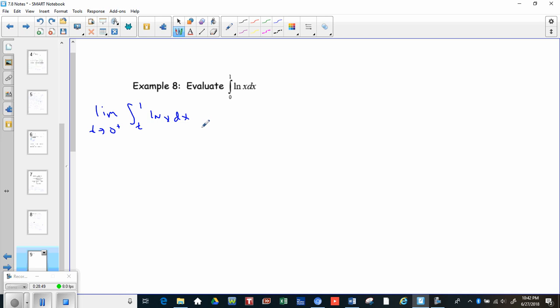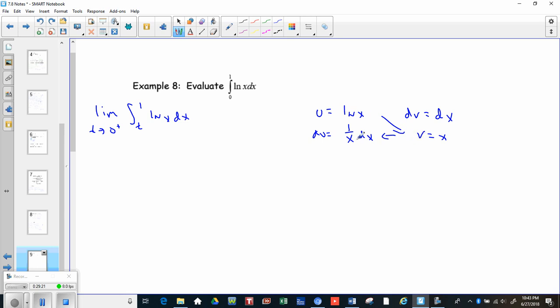Now, the natural log of x is not something we know an antiderivative of right off the top of our head, so we're going to have to think of other possibilities, and the first thing I can see is, okay, I've got a log here, I'm thinking integration by parts. So if we let u equal the natural log of x, that would make dv everything that's left over, which is dx. du is then going to be 1 over x dx, and v is x.